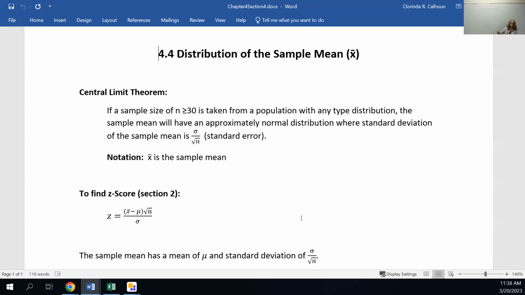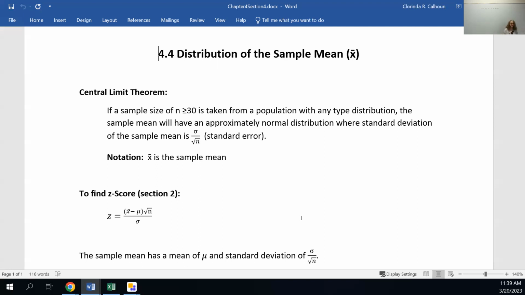Now this said n is greater than or equal to 30. So if you have a sample that is small, you are going to have to know that it is already normal before you can go on with what we're doing. So if I said I'm pulling out the 15, then I'd have to say, well, this is a normal distribution. But as long as your sample is 30 or greater, it doesn't matter.